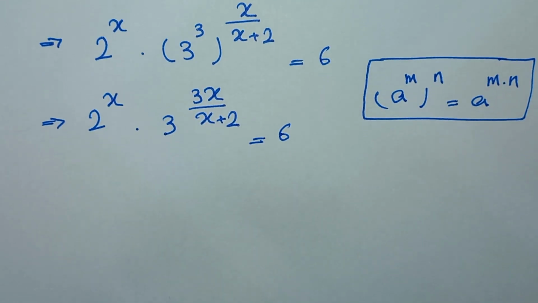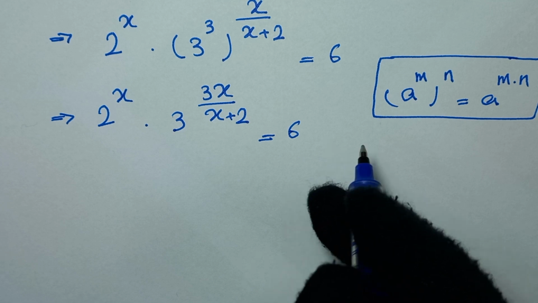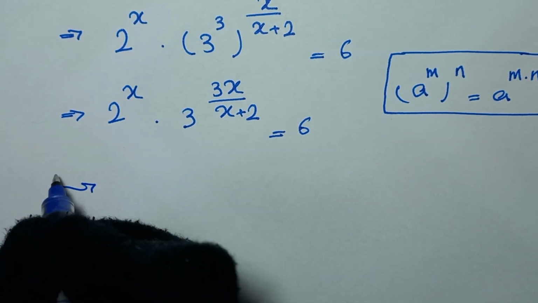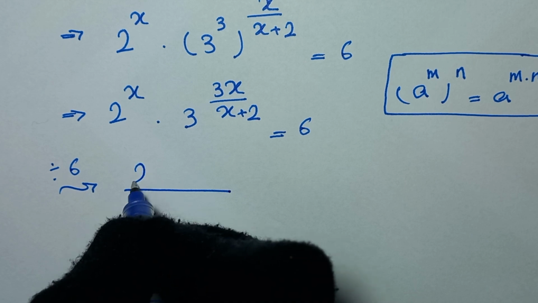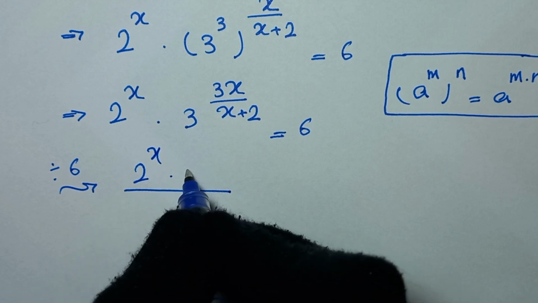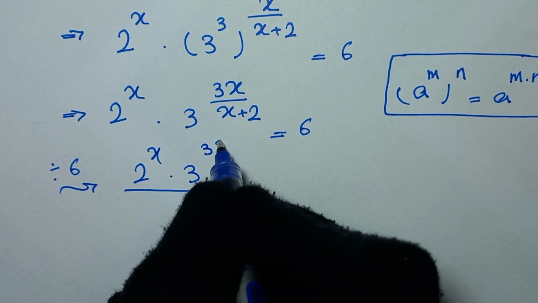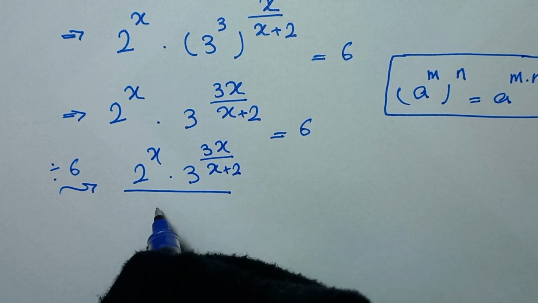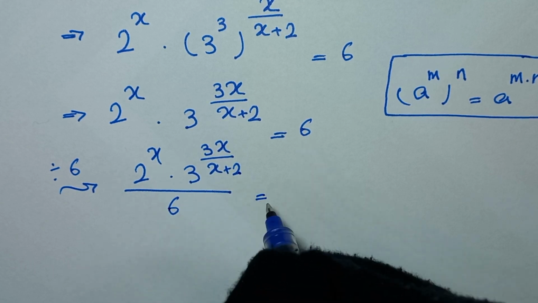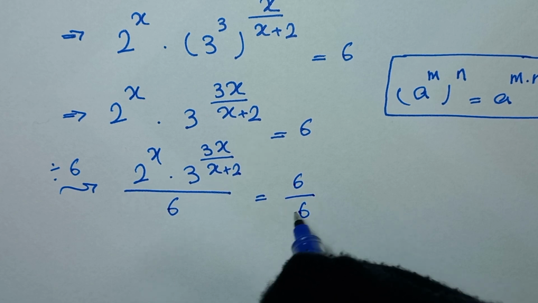And in next step, we divide both sides of this equation by 6. So we have divide by 6 and it will be 2 to power of x times 3 to power of 3x over x plus 2 over 6 is equal to 6 over 6. And it will be 1, right?